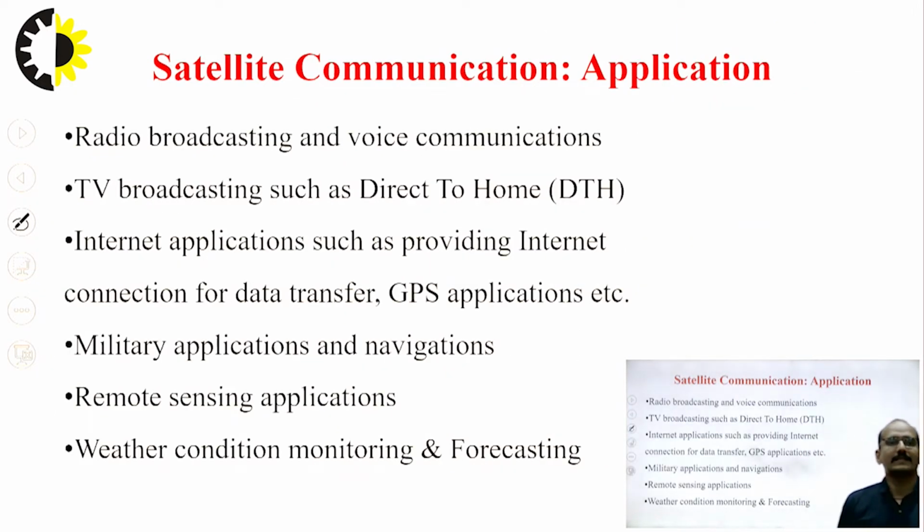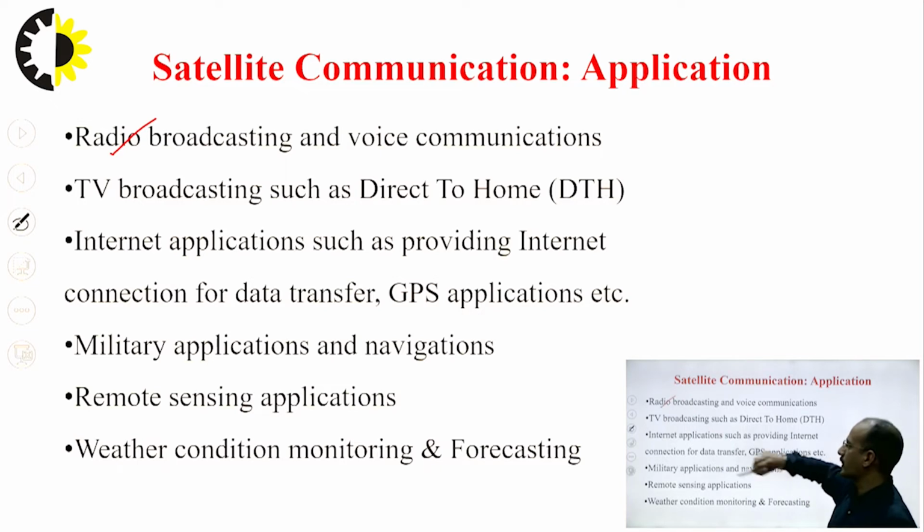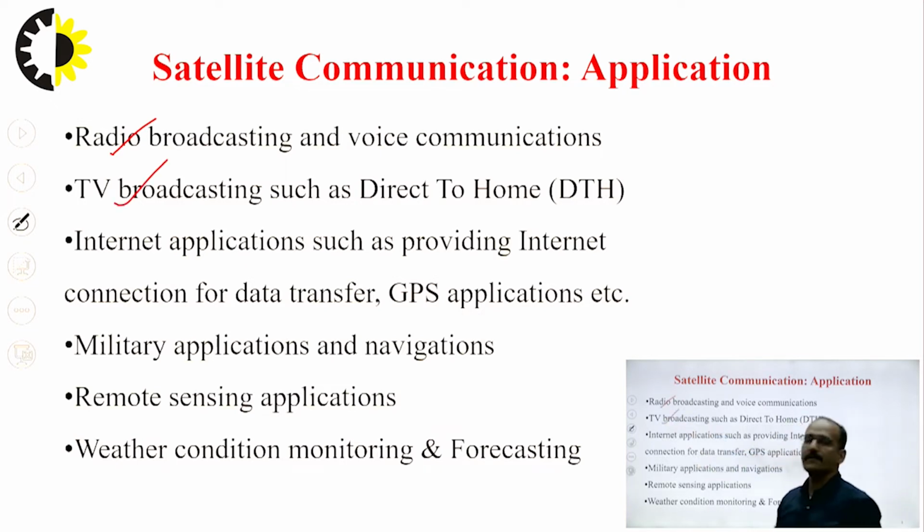Then the satellite communication applications. As we discussed various types of satellites and studied various types of satellite systems, now these are the basic communication applications of satellite communication. Other than these, some more applications are there, but these are some key applications. First one is radio broadcasting for radio communication and voice communication. TV broadcasting for the various channels you get on your TV set by using direct to home technology.